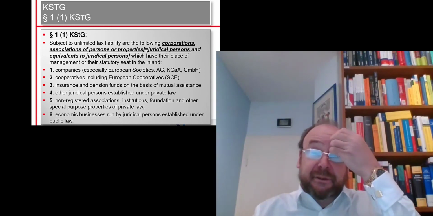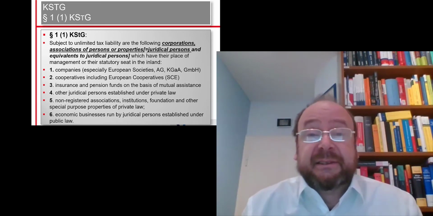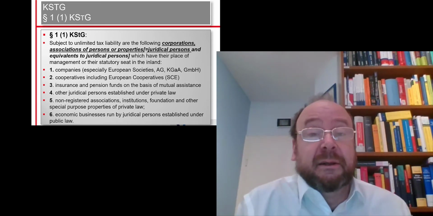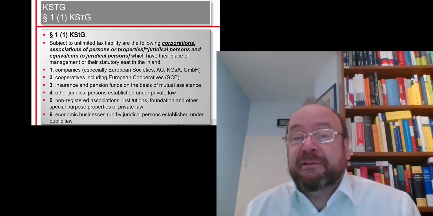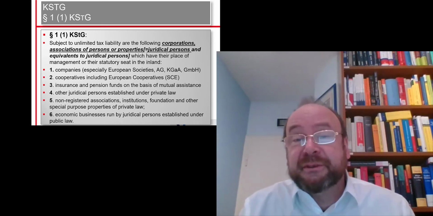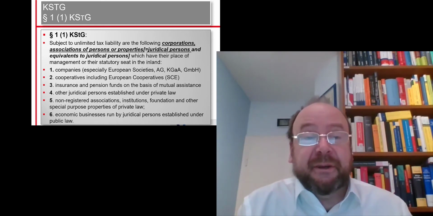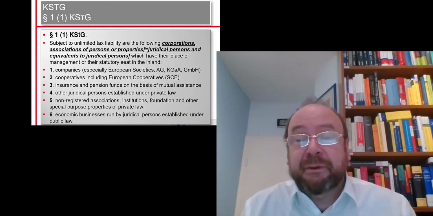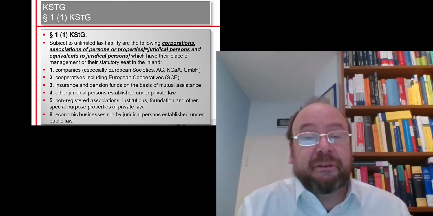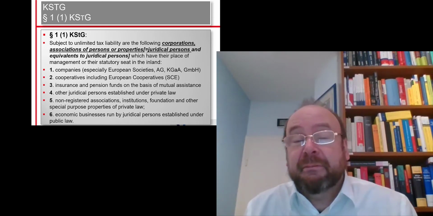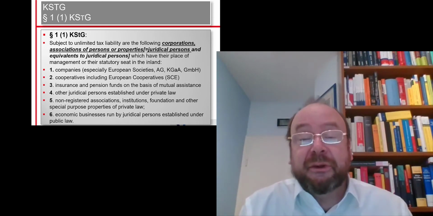The statutory seat is the place where you have your official address. And in the region where you have your official address, that is the region where the authorities decide if you are to be treated as a juridical person or not. So where you are registered, there the authorities apply their local company law or laws on juridical persons and decide if they turn you into a juridical person or not.